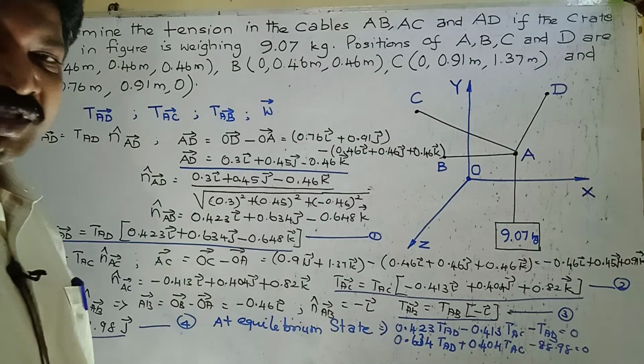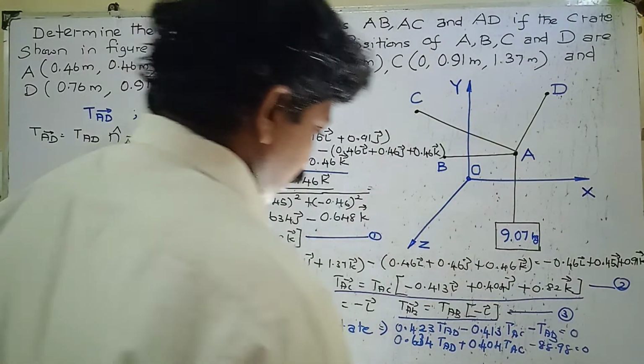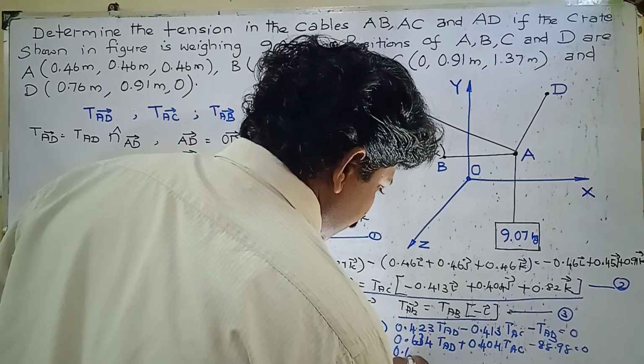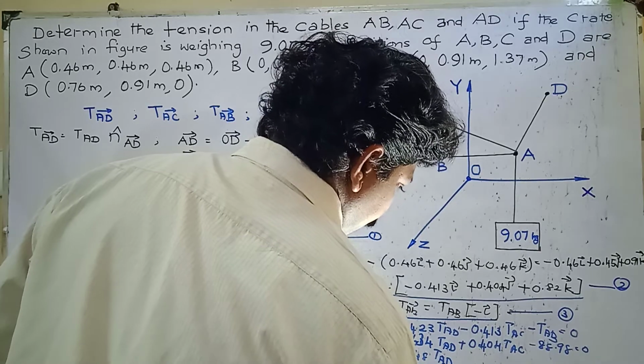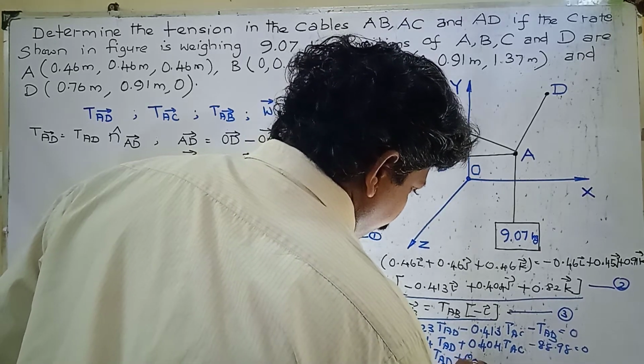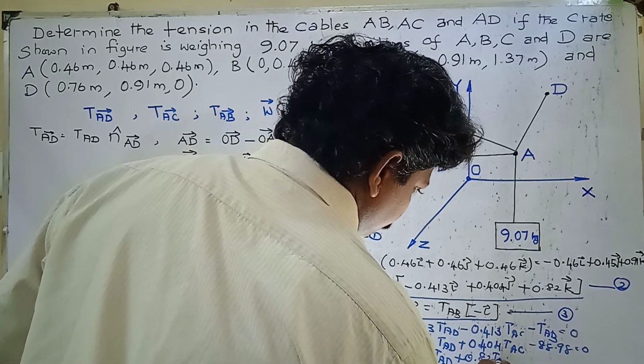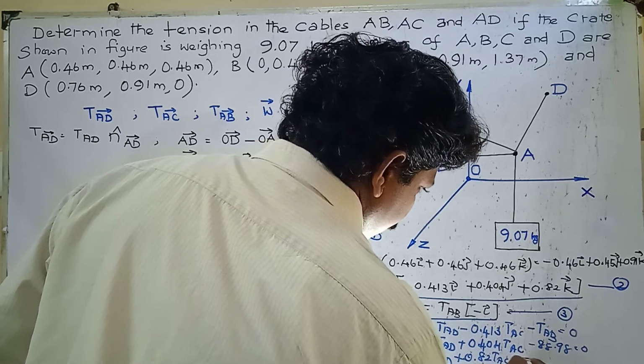And then the algebraic sum of K vector components equals 0: minus 0.648 TAD plus 0.82 TAC equals 0.